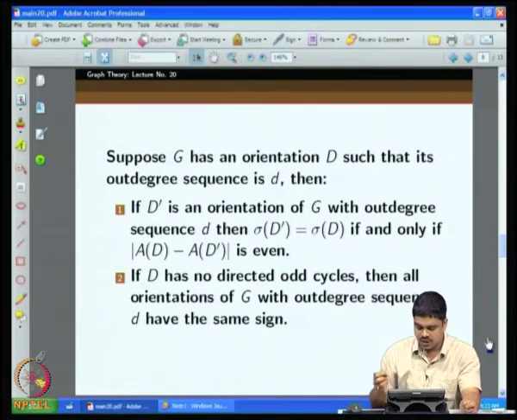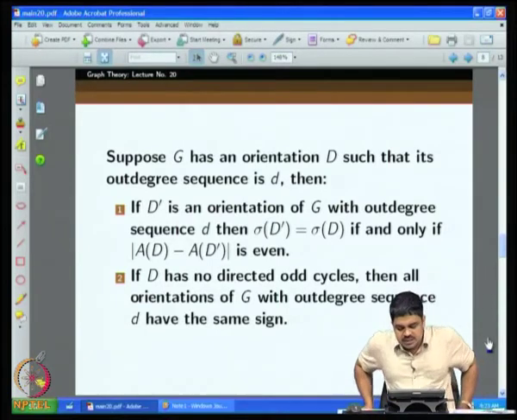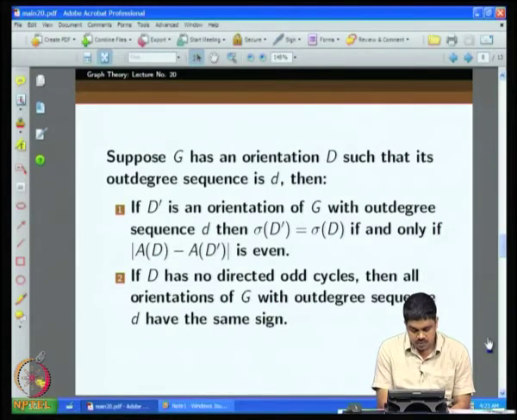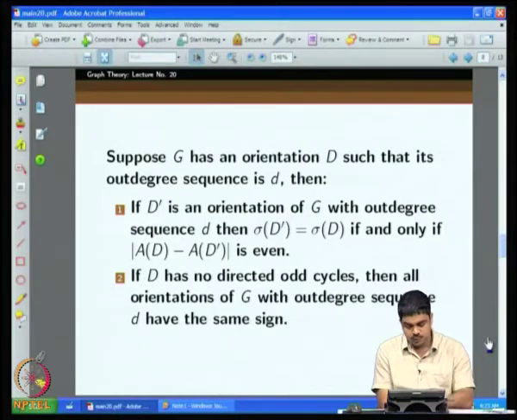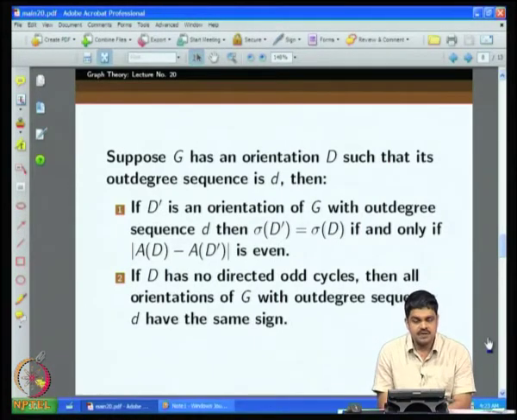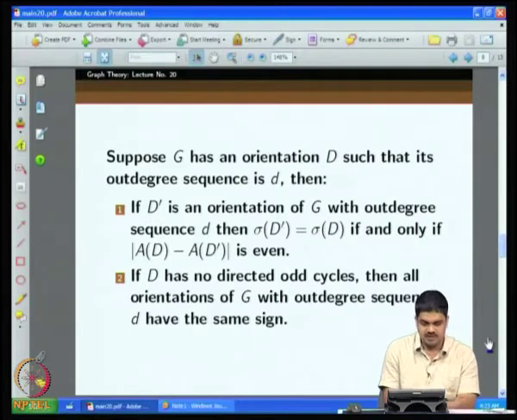So, how do we show this thing? Suppose D dash is an orientation of G with out degree sequence d. The sign of two orientations will happen to be the same if and only if the difference, AD minus AD bar, is even.